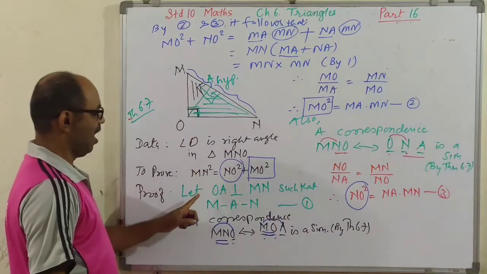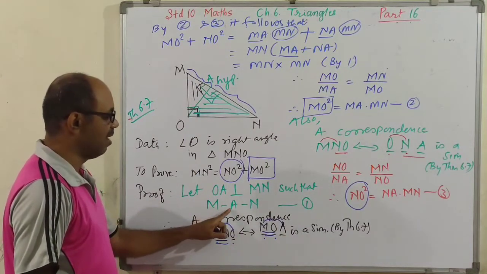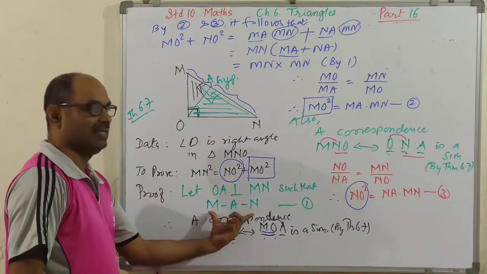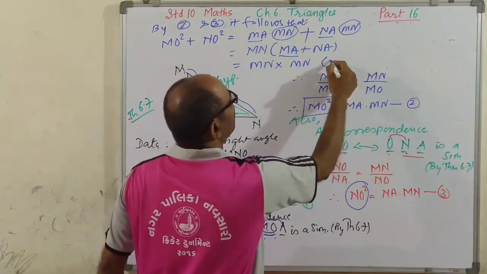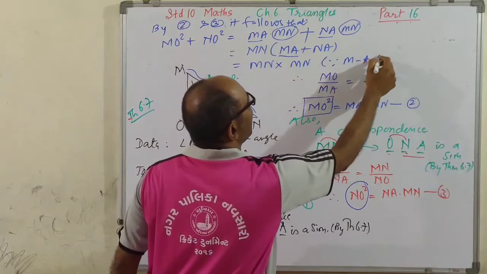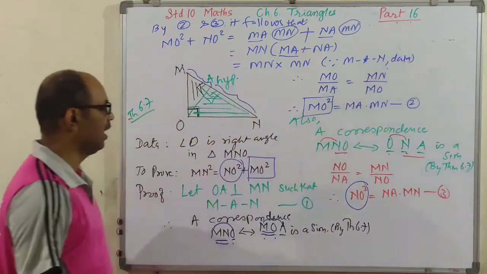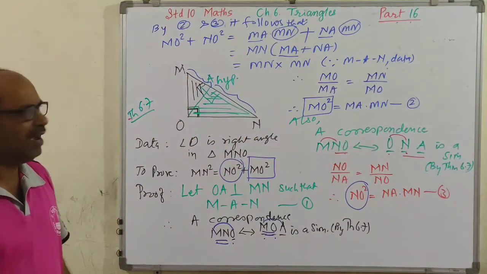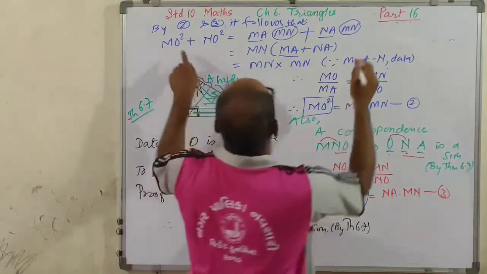Because what is there in 1? M-A-N, with A between M and N. So MA plus NA is equal to MN, because M-A-N is in the data. Correct? Okay? Fine. So what is MN into MN? MN square.